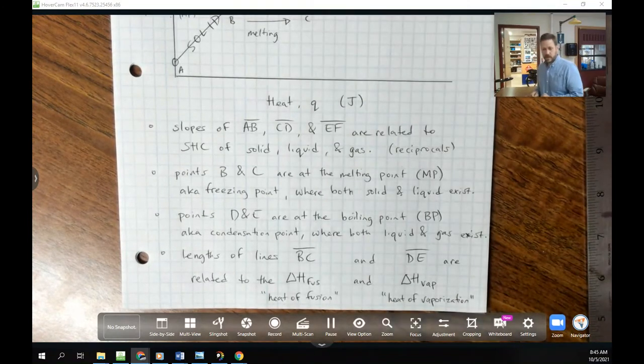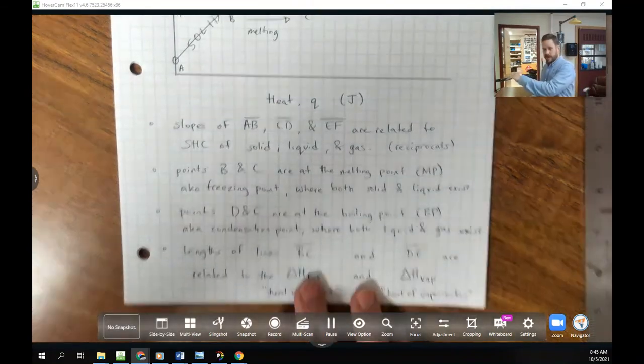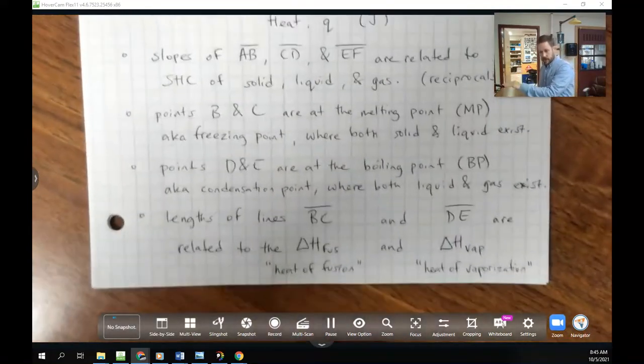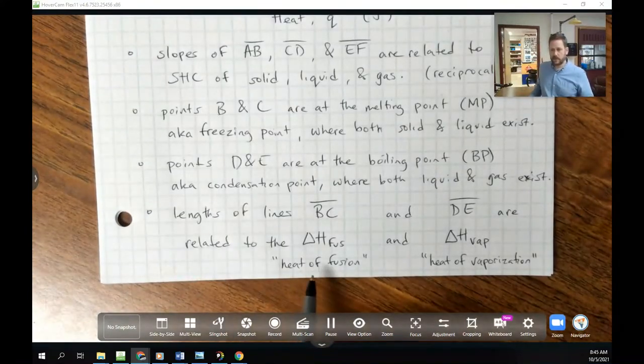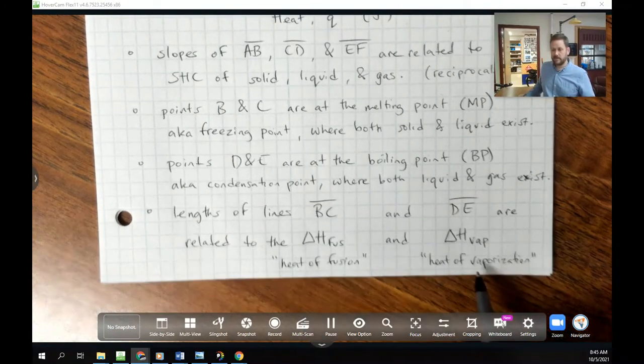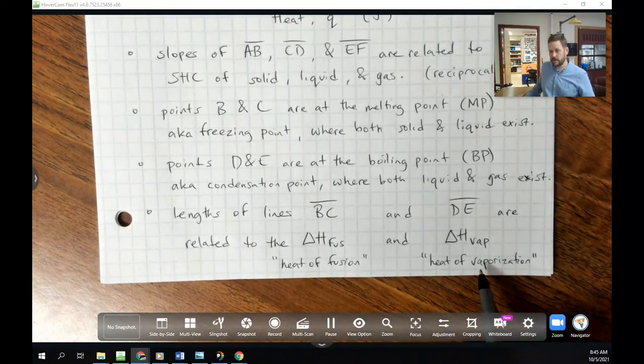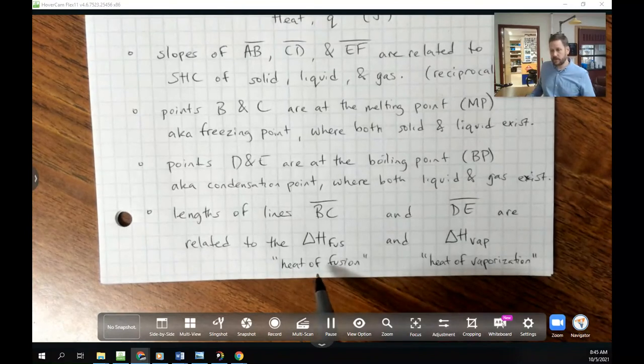These terms are referring to the amount of energy that is associated with those phase changes. So the heat of fusion is the amount of thermal energy needed to melt a substance. And the heat of vaporization is the amount of energy needed to vaporize it. And we mean how much energy it takes to vaporize it at its boiling point, or how much energy it takes to melt it at its melting point.